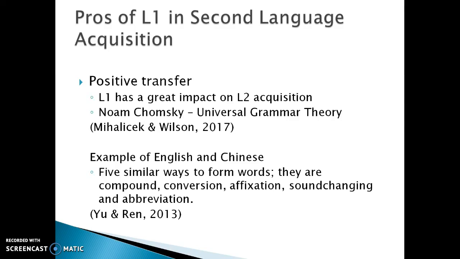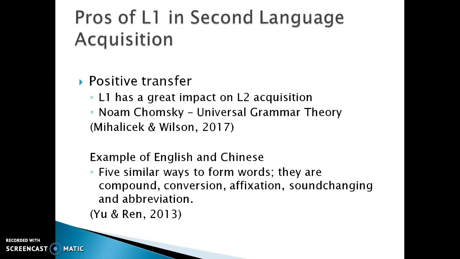The concept of the universal grammar theory can be seen in the example of English and Chinese. In both of these languages, there are 5 similar ways to form words. They are compound, conversion, affixation, sound changing, and abbreviation.